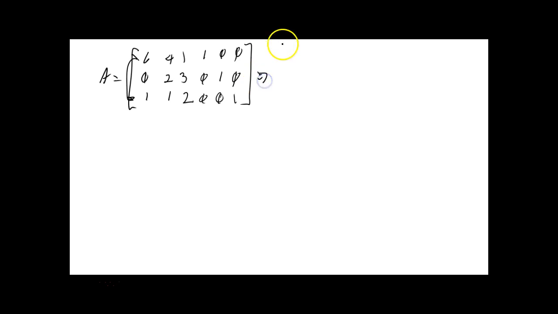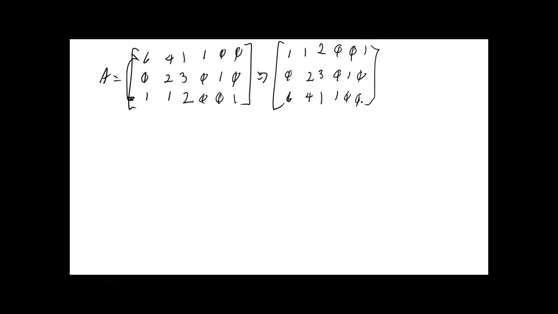So this will then become 1, 1, 2, 0, 0, 1, and 0, 2, 3, 0, 1, 0, and 6, 4, 1, 1, 0, 0. Done.